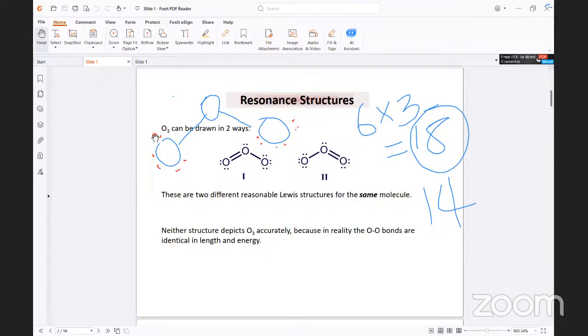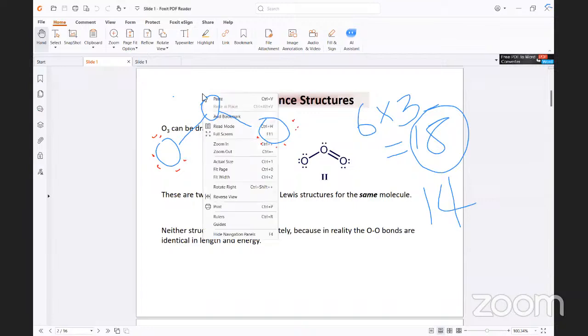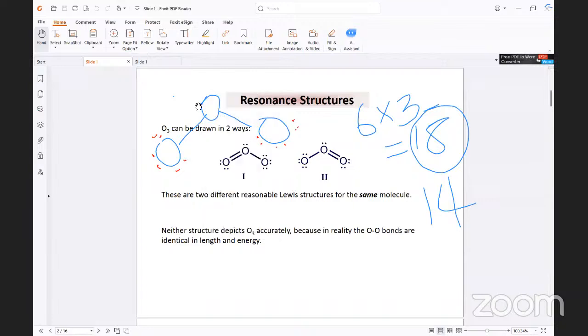Then you will have to put the remaining 2 electrons on this oxygen, 1, 2. Now, if you look at this structure as it is, there's a problem with it. And what is that? The terminal oxygens each have 8, but the central oxygen does not.